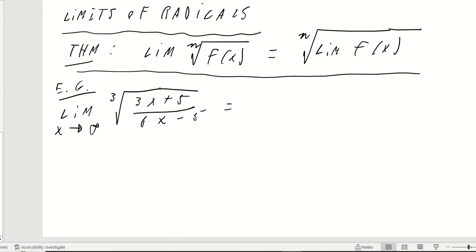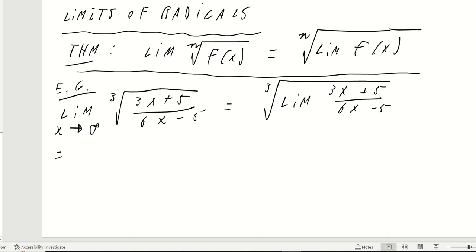Okay, so applying the theorem, we can take the cube root of the limit. The limit function can come inside the cube root, and we're getting the limit then of the quotient function, 3x plus 5 all over 6x minus 5.